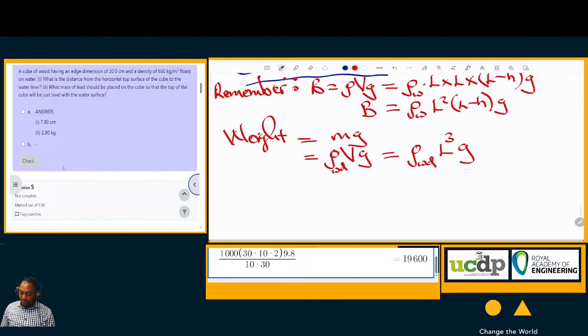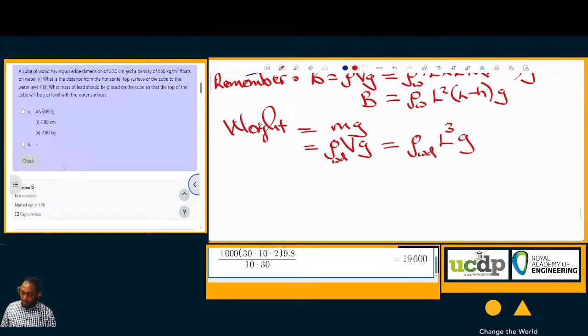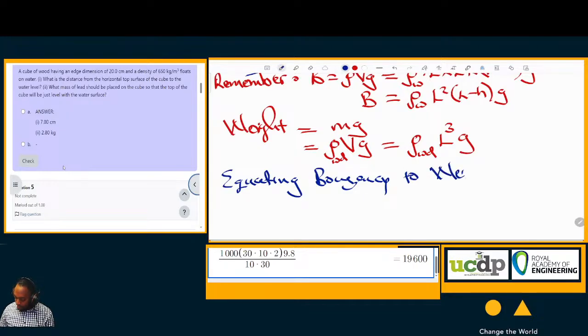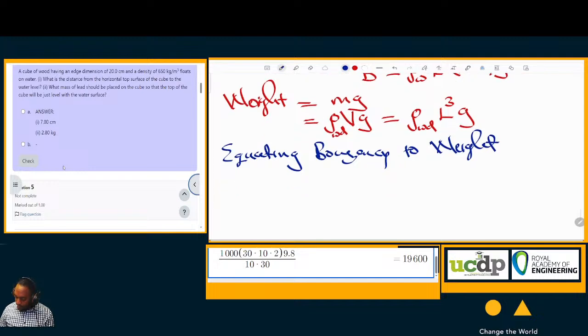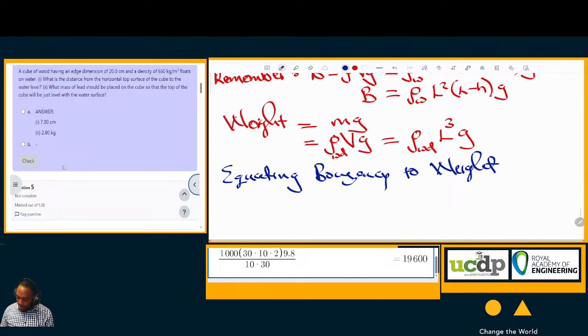Now equating your buoyancy to weight, you would have an expression: density of water times L squared times L minus h times g equals density of wood times L cubed times g.